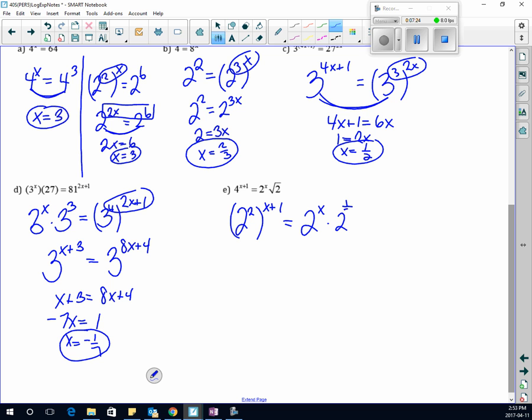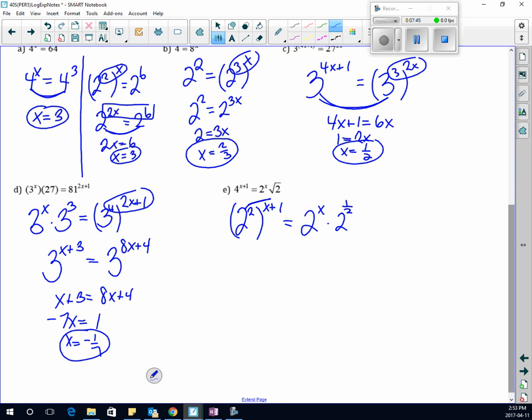Very good. Remember, back up at the top of the lesson, the 3 on the bottom meant 1/3. That's the cube root. So for square root, there's a 2 for the radical outside, like we had the 3 for the cube root. We just don't write the 2. And so that's the half.